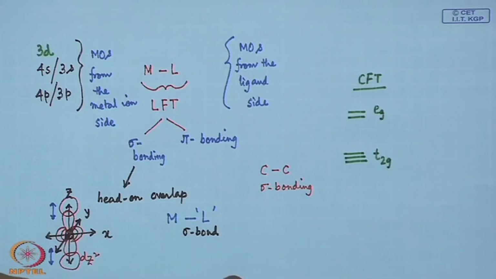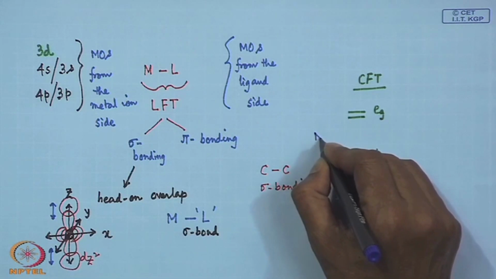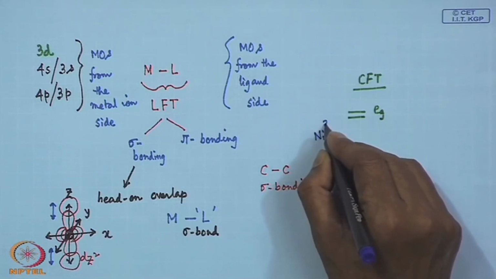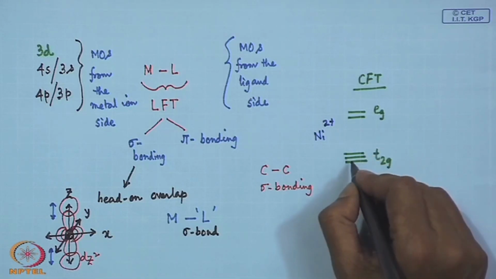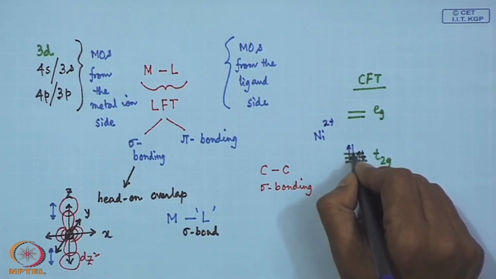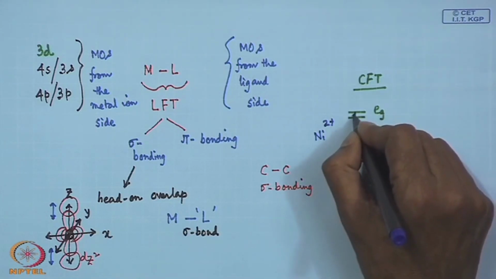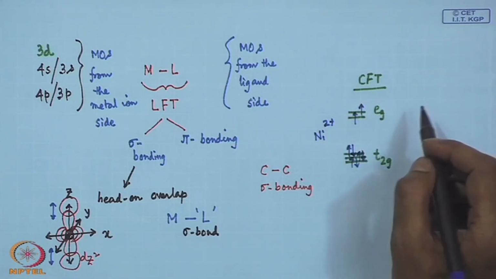There we saw that if the metal ion is a d8 system, the bivalent nickel 2 plus, it has 6 electrons in the T2g level and 2 electrons which remain unpaired in the Eg level.